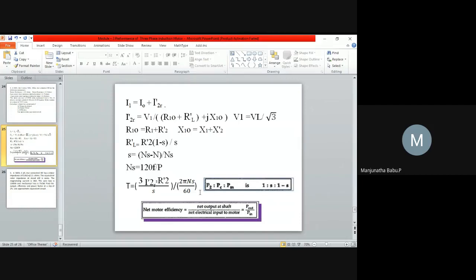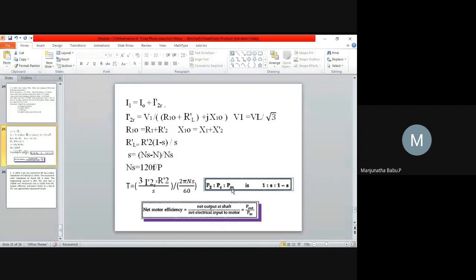So already we know P2. So PM will be equal to 1 minus S into P2. PM equal to 1 minus S into P2. So already we know the value of P2, 36.23 kilowatts.